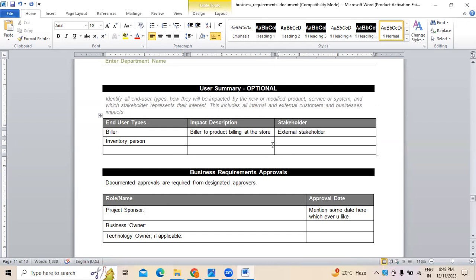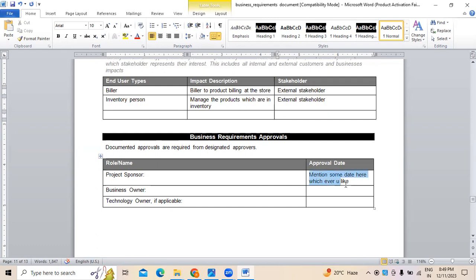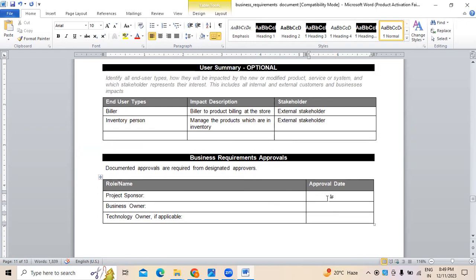The inventory person manages the products which are in inventory. What kind of stakeholder is this? He is also an external stakeholder. Followed by this, business requirement approval: when the business requirement document was approved, those approval dates we have to mention here.